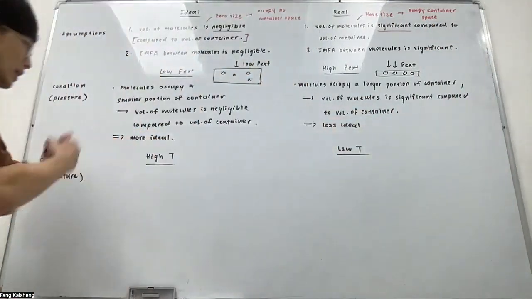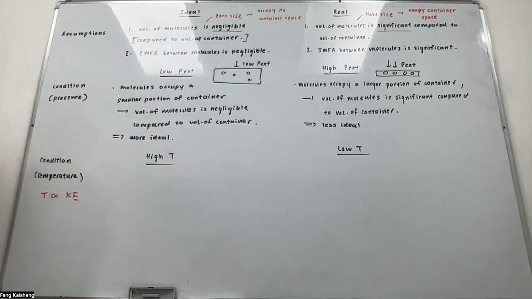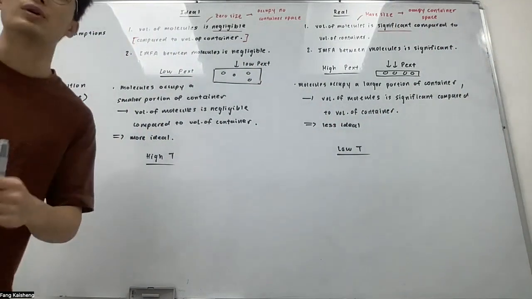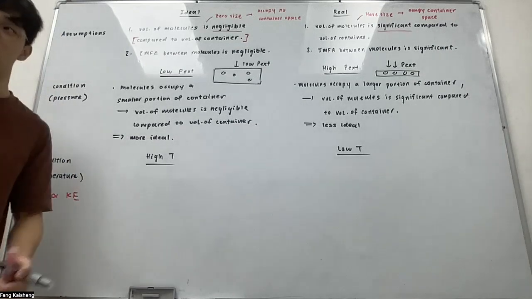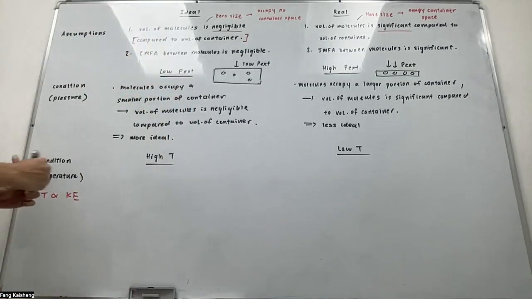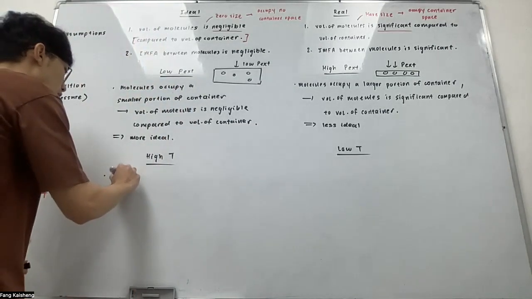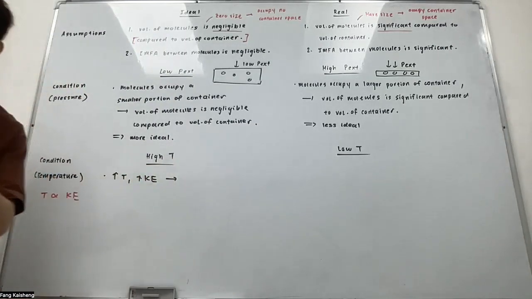Good. So basically, whenever you talk about temperature, it is directly proportional to the kinetic energy. The higher the temperature, the higher the KE. The lower the temperature, the lower the kinetic energy. So it's basically the speed. At high temperature, obviously the kinetic energy is high. So let me ask you a simple question.